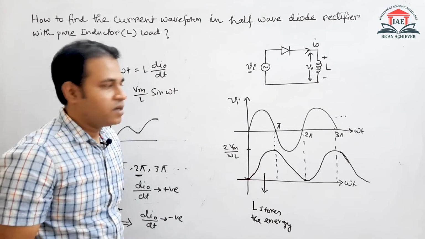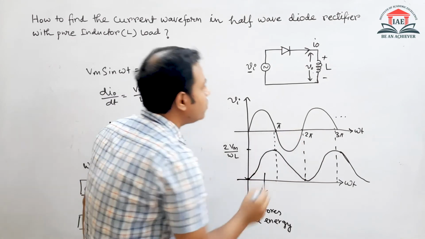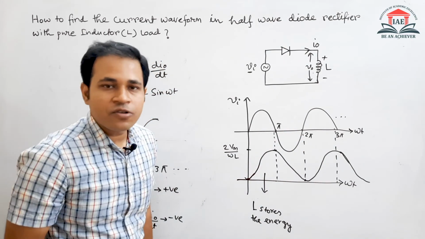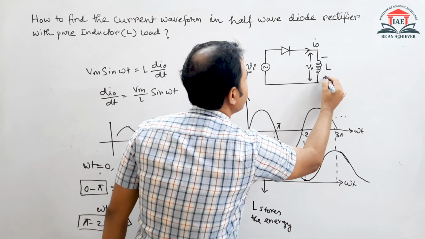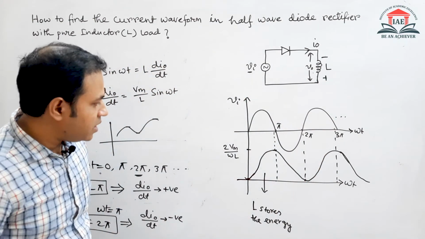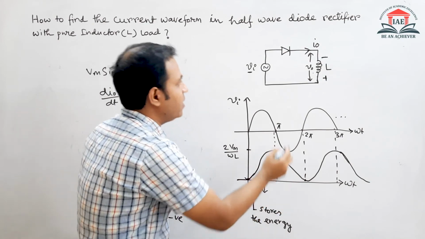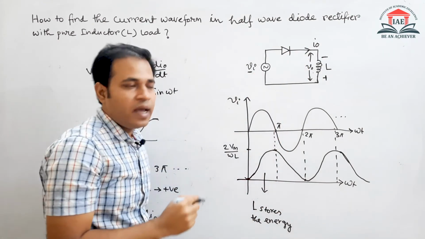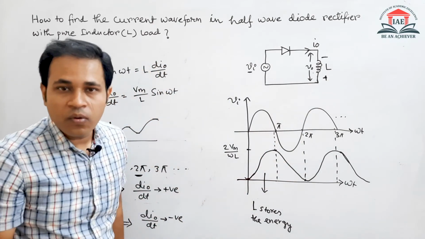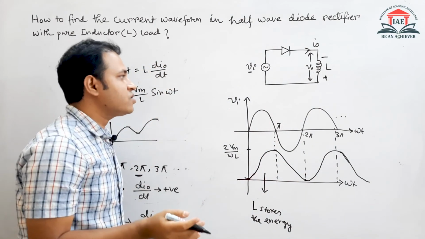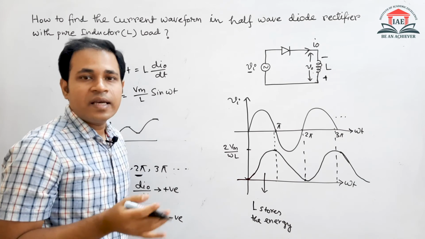And from pi to 2 pi, the voltage across the inductor is reversed. That is, this is minus and this is plus. Now we see that the current is falling, but the direction will be this one. So now from the positive terminal, current is going out. This is the case whenever the element is working as a source.